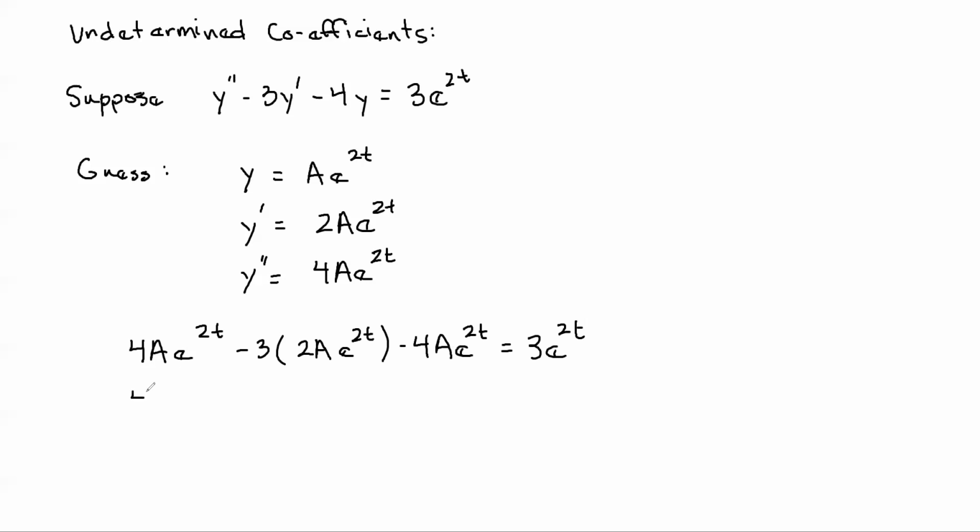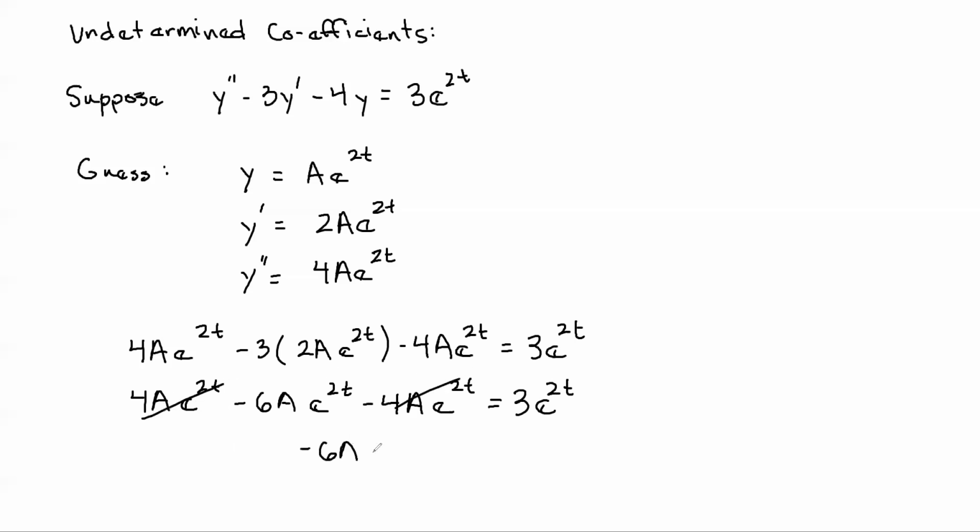And if we do that, you'll get 4a e to the 2t minus 6a e to the 2t minus 4a e to the 2t equals 3 e to the 2t. And then these are going to cancel. So we'll get minus 6a e to the 2t equals 3 e to the 2t.